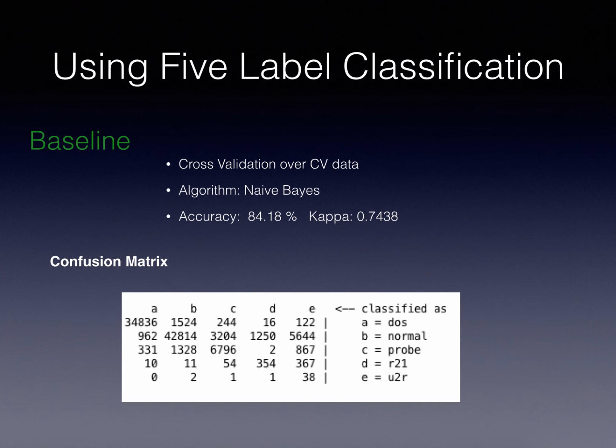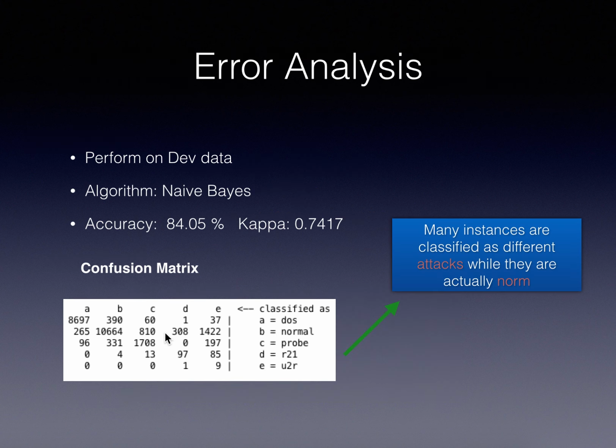And using this 5-label classification, I do cross-validation over the cross-validation data, using naive Bayes as I stated before, and I got an accuracy of 80% and a kappa of 0.7. And with the confusion matrix here, we can see that this is not a bad result.